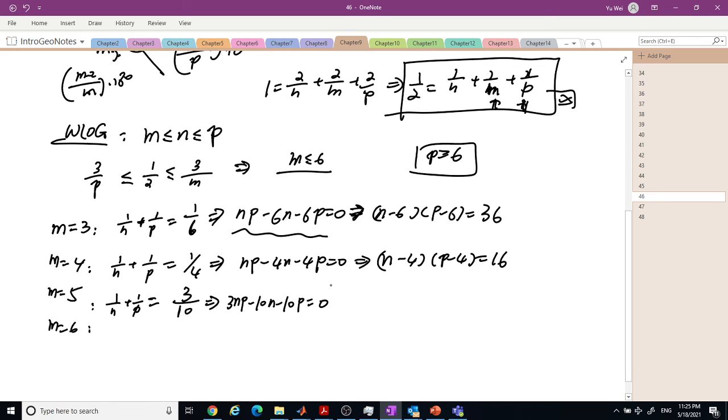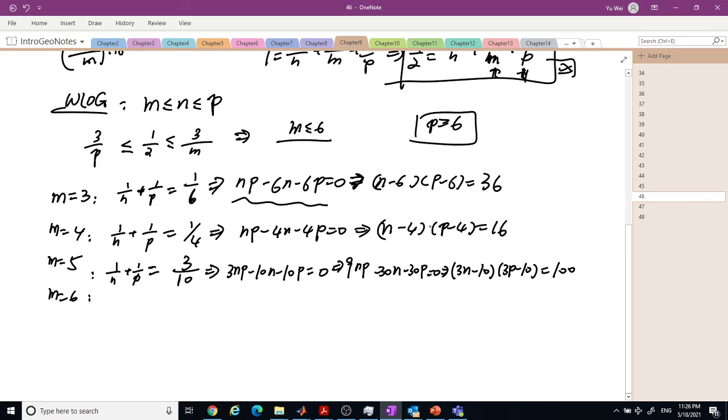To deal with this, we normally times 3 on both sides, because we want some symmetry. 9np minus 30n minus 30p is equal to 0. Then we can further factorize (3n minus 10)(3p minus 10) equals 100.